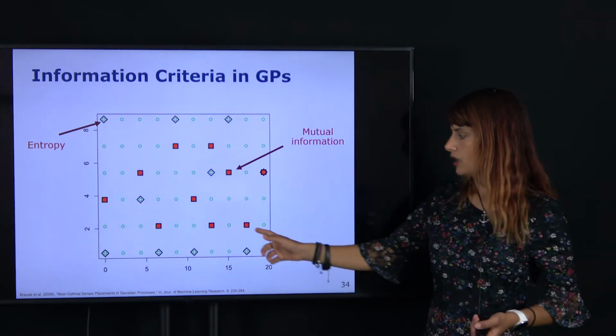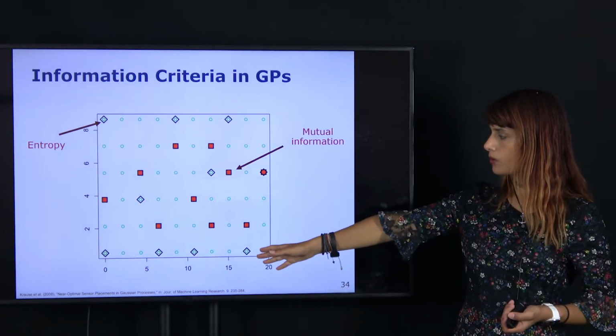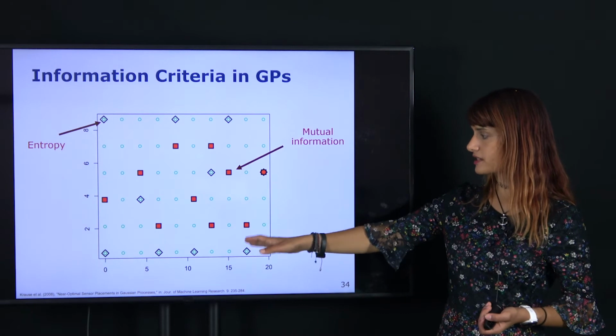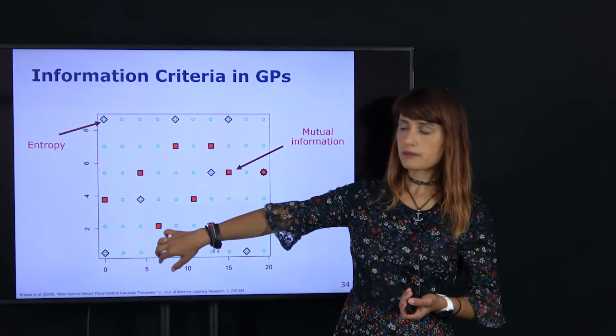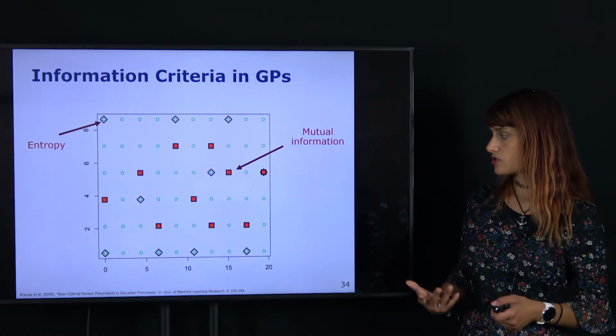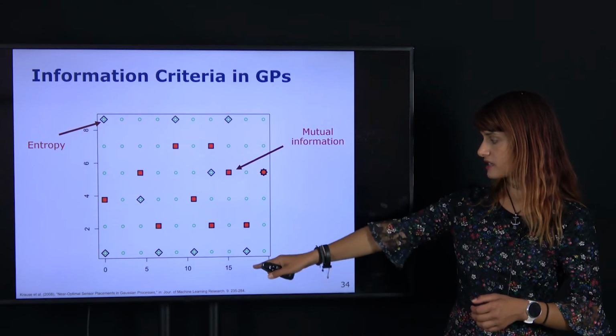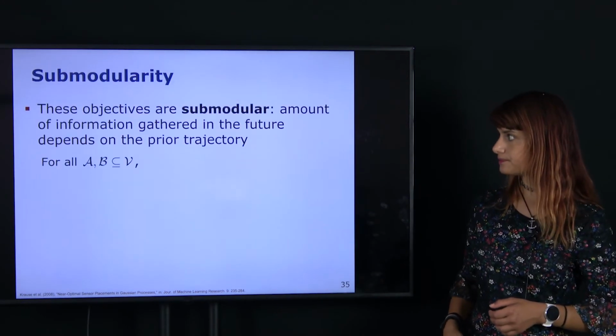We already learned something about this general neighborhood. So what we would want to prefer is to place the sensor somewhere further away if we haven't been there yet, to learn something new about unknown areas. And submodularity essentially happens because of this spatial dependency.